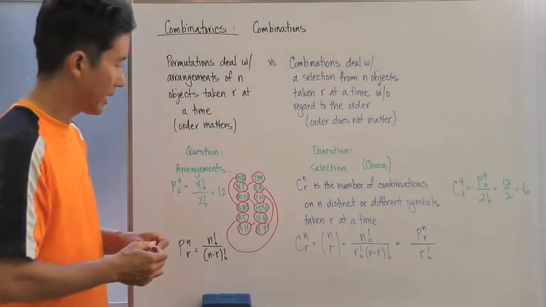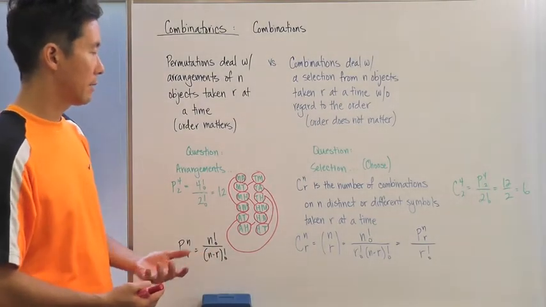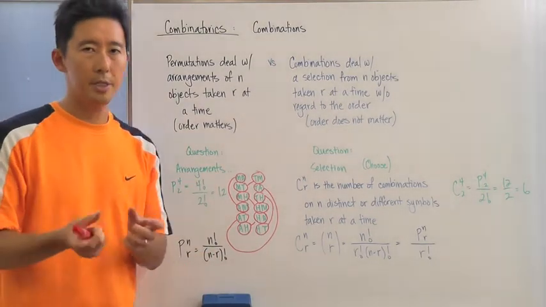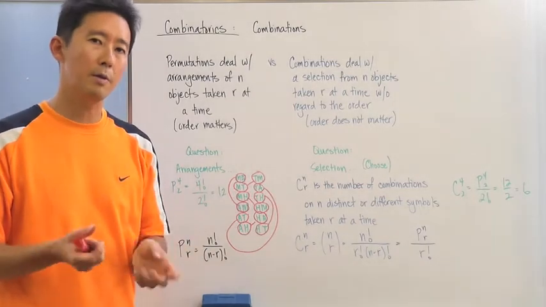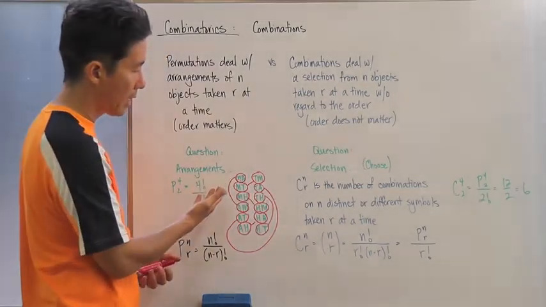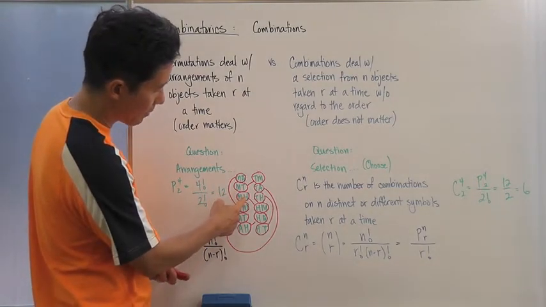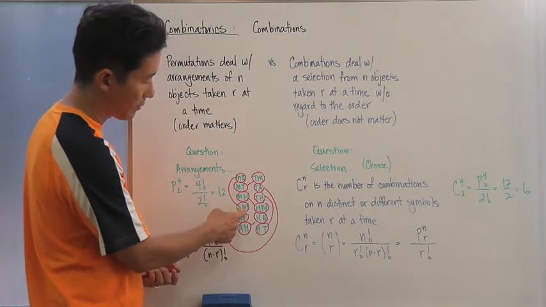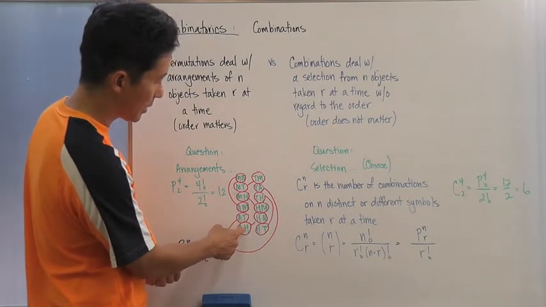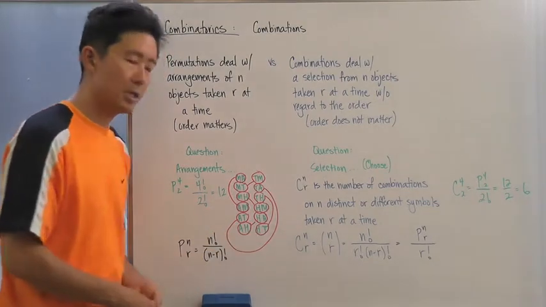So what we have actually is half as many choices because when it comes to the selection, there are only 6 possible different pairs that we can choose. We can choose A and M, any combination of A and M, any combination of MT, any combination of MH, any combination of AT, any combination of AH, and any combination of HT.